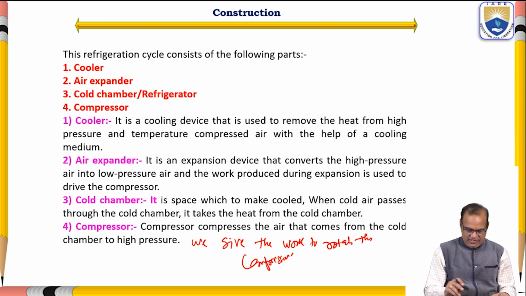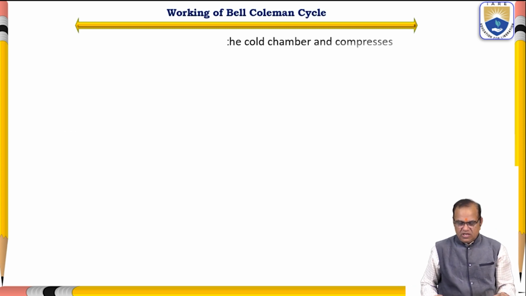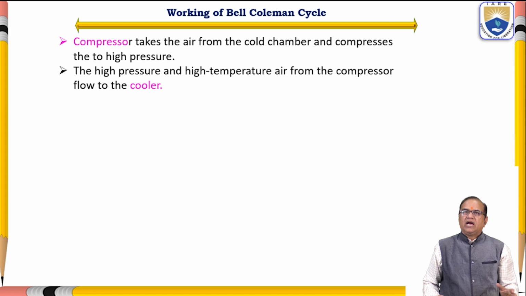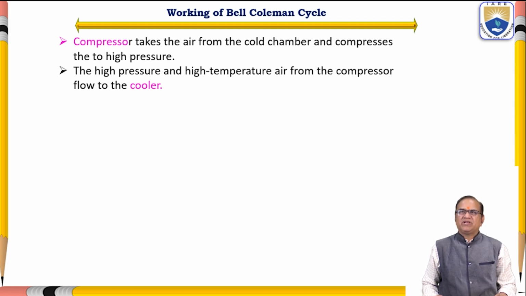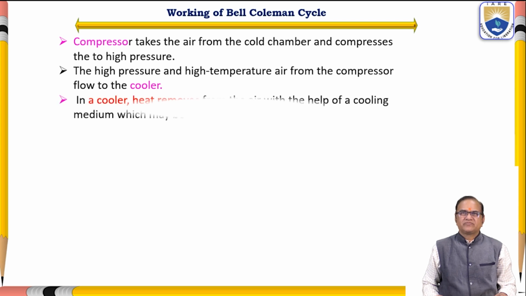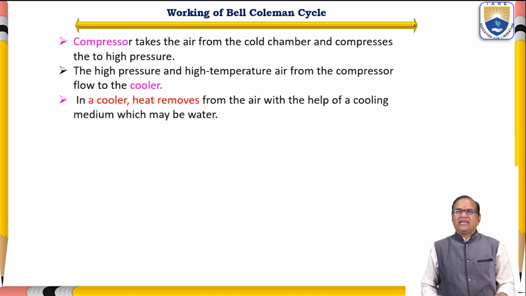Okay. So here the compressor takes the air from the cold chamber and compresses it to high pressure. The high pressure and high temperature air from the compressor flows to the cooler. In the cooler, heat is removed from the air with the help of a cooling medium, which may be water.